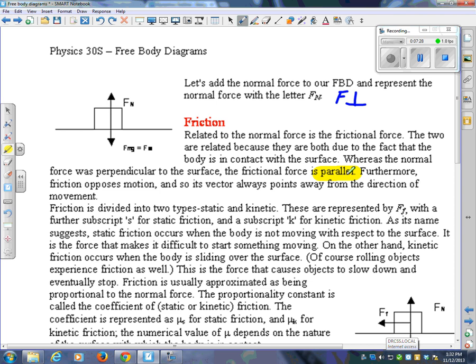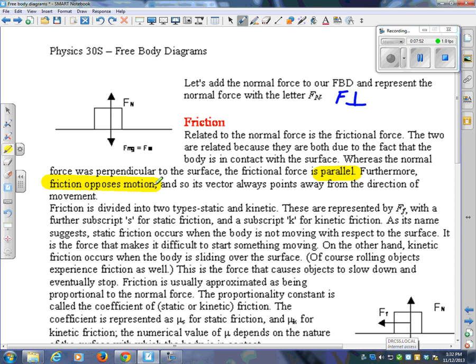Furthermore, friction opposes motion. Does there have to be motion for there to be friction? No. Why do you say no so boldly, Steve? Because yeah. Could you expand on your explanation a little, Steve? Well, if something's already touching the ground, there must be friction. Give me an example where you might push on something and there's friction and the thing doesn't move.